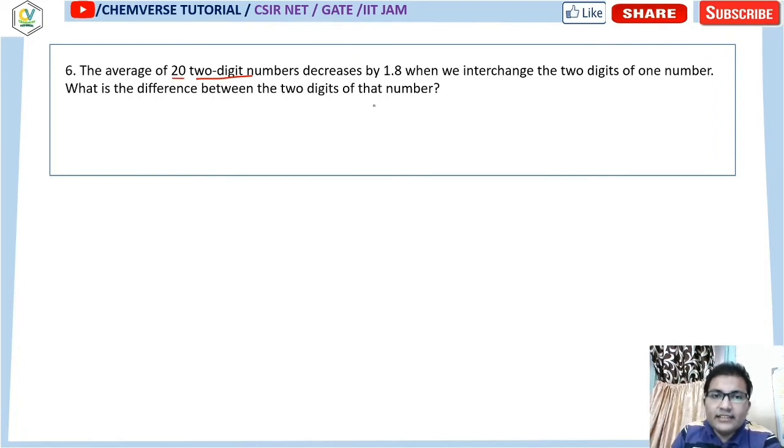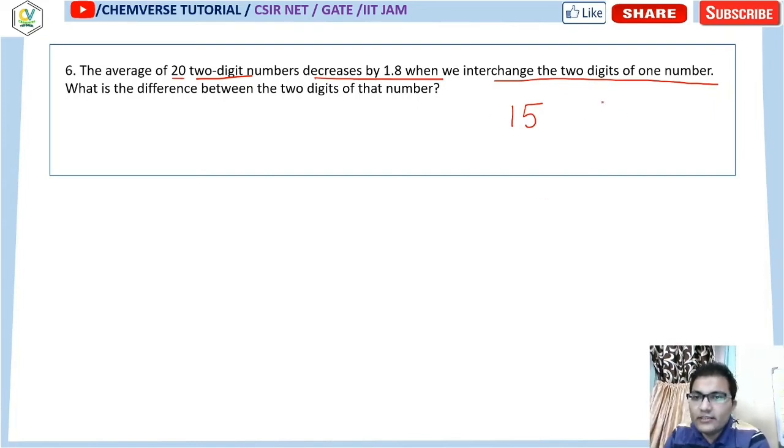What it actually says is, suppose you are taking the value 15, and if you interchange the digits, then you get 51. Or you can take, suppose, 13 and interchange to get 31.